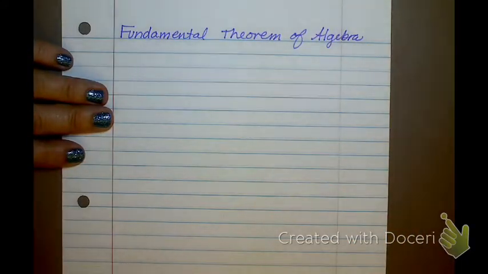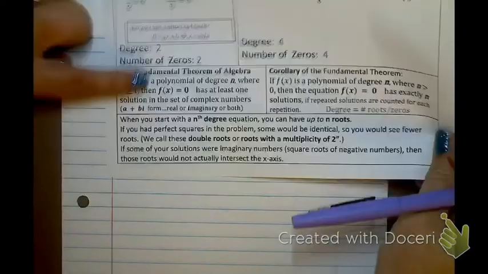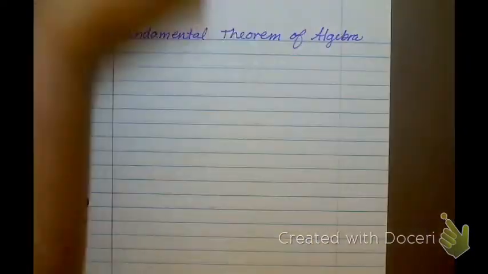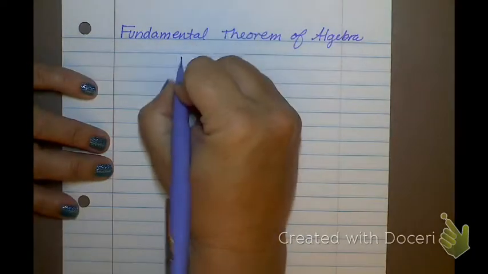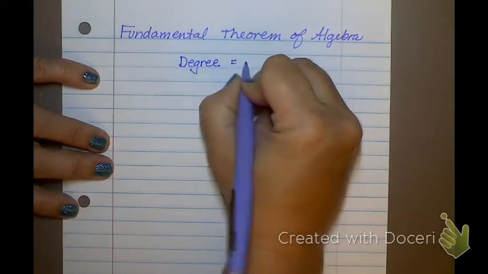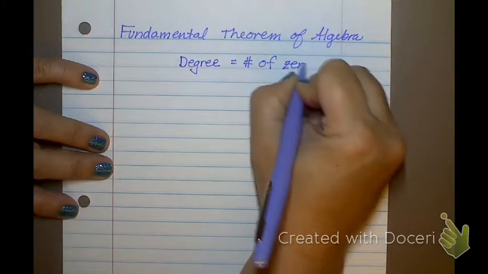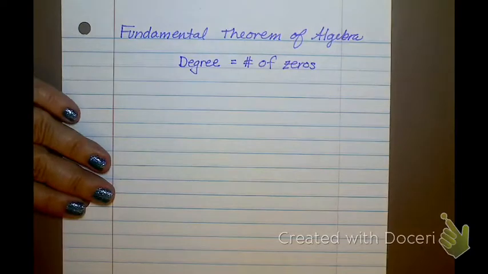That it's a fundamental of algebra. Now I could give you the textbook definition right here, or I could give you the Franken definition. Which is that? The degree is equal to the number of zeros.